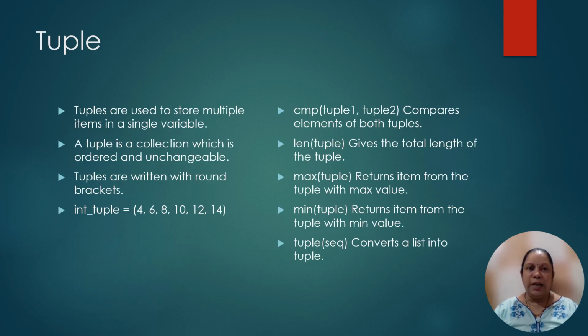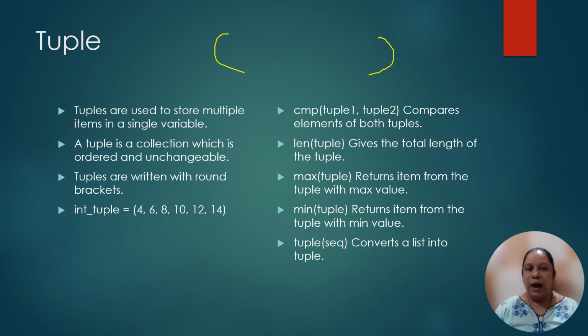Now let us take the next data structure, that is tuple. Now tuple is similar to a list, with quite a few differences. The tuple is stored in round brackets. To define the elements of a tuple, we require round brackets. Another thing is, a tuple is immutable, means we cannot change the values inside a tuple.